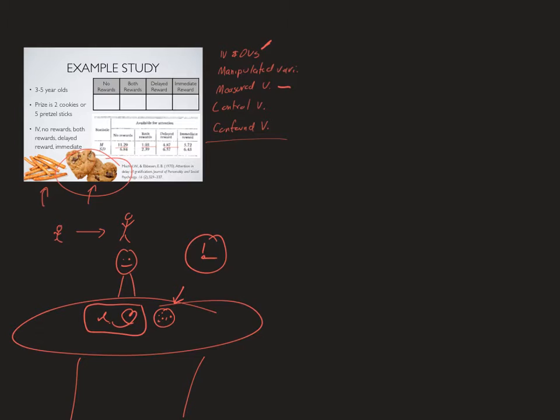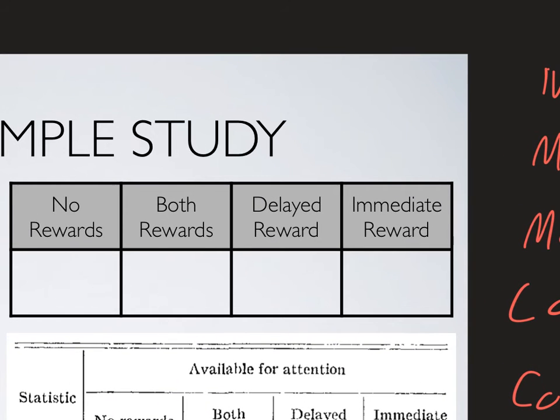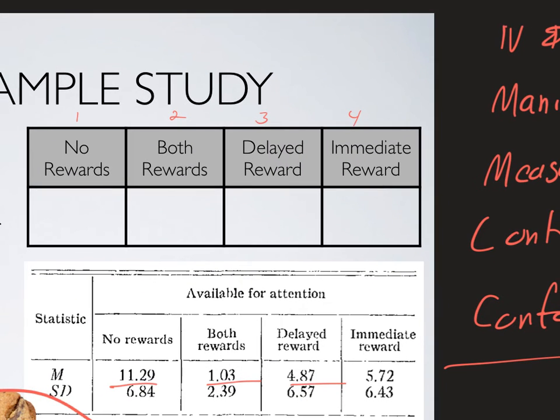And for the IV, this is where it gets a little complicated. They had these 4 different situations. 1, 2, 3, 4 levels for what they call available for attention. You could also think of it as the reward presence IV, but they call it available for attention.